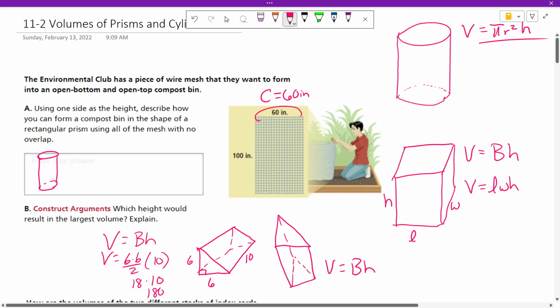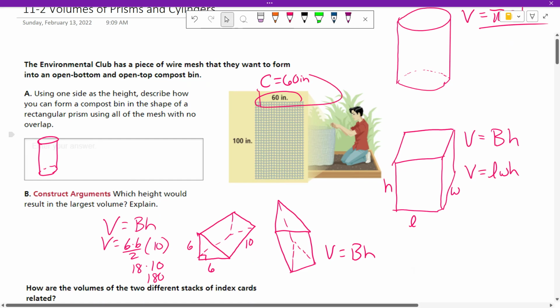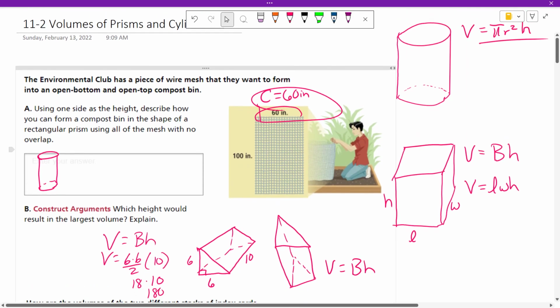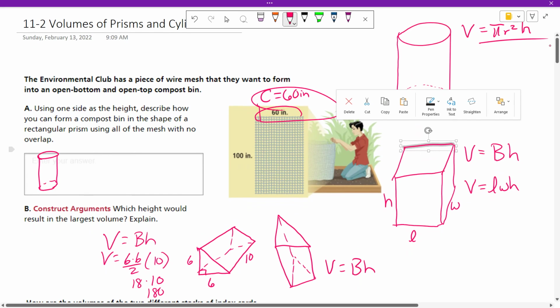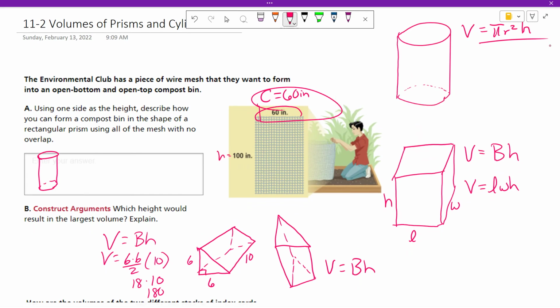No. So what are we going to do if I know the circumference? Because I know the height is 100 here, but I need to find R, right? Is there a way to find R from the circumference?